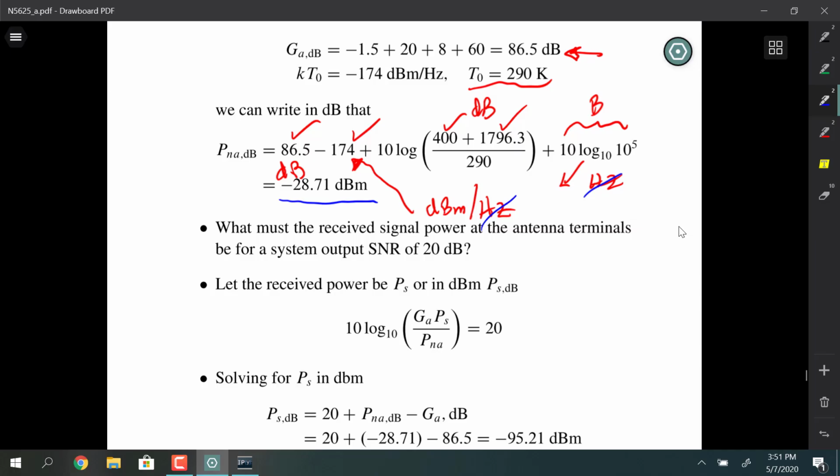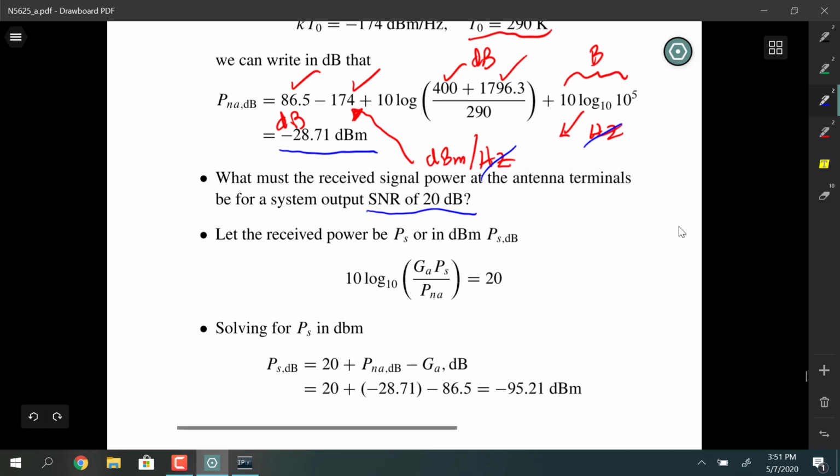Now suppose we would like to get a signal to noise ratio of 20 dB. That means we'd like to have the signal power that comes all the way through this cascade be 20 dB above minus 28.71 dBm.